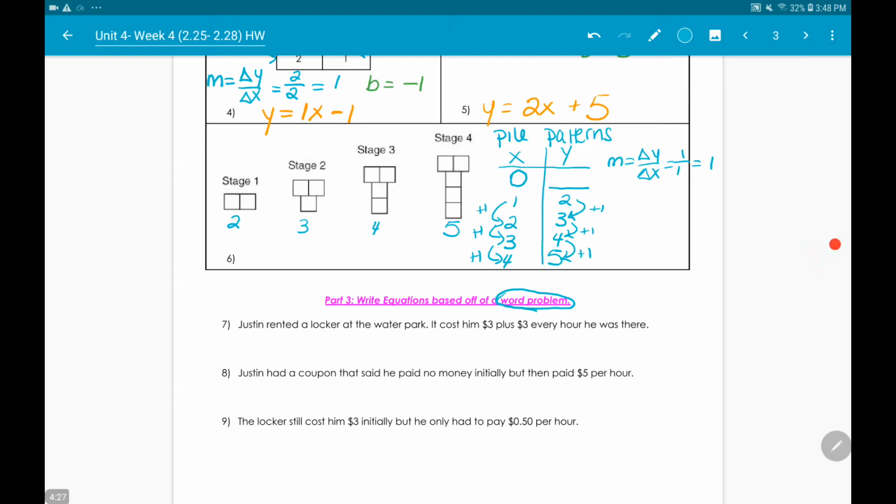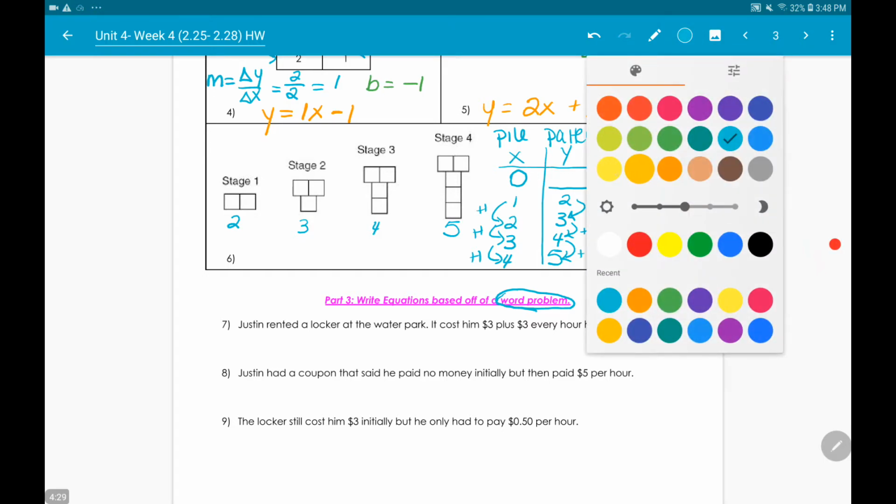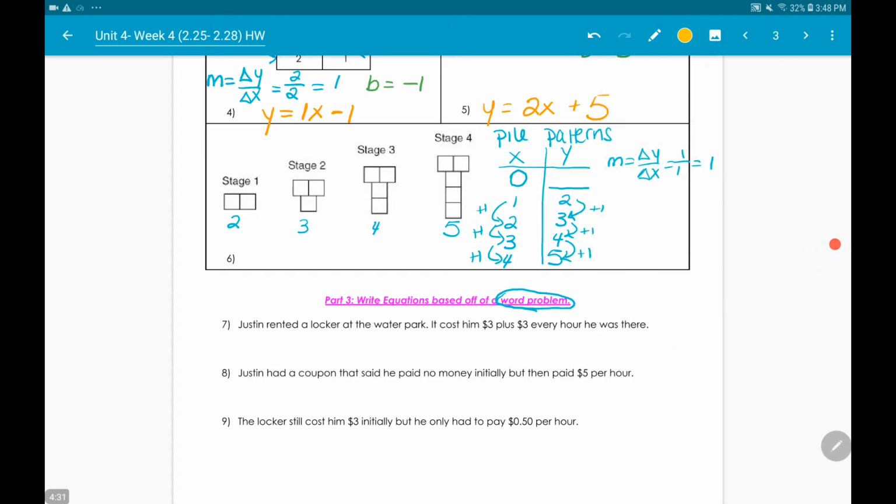But here's the tricky part, the y-intercept. If going forward in the pattern, we're adding 1 block each stage, the 0 pattern, which would be here, this would be stage 0, looks like it needs to be 1 block less. So if we started with 2 blocks, going backwards and subtracting 1 block would give us 1 block to start.